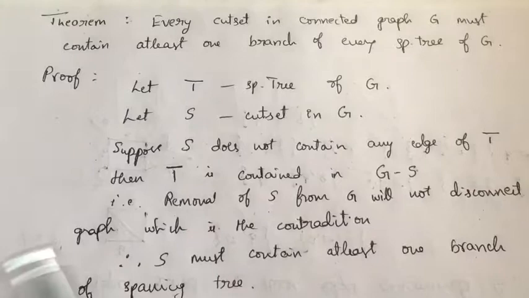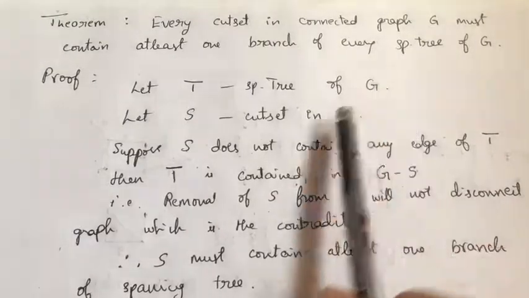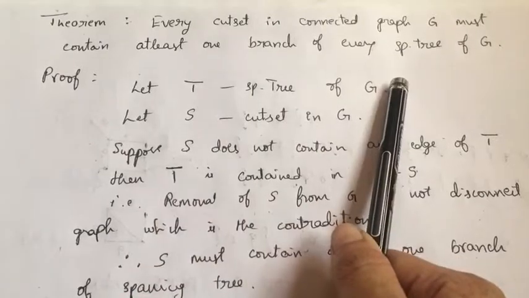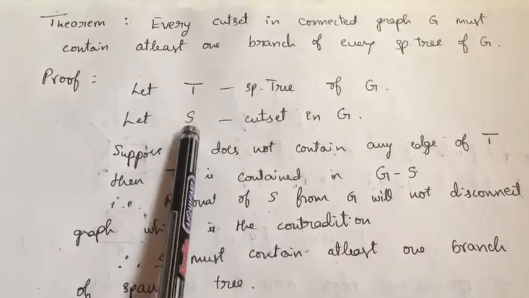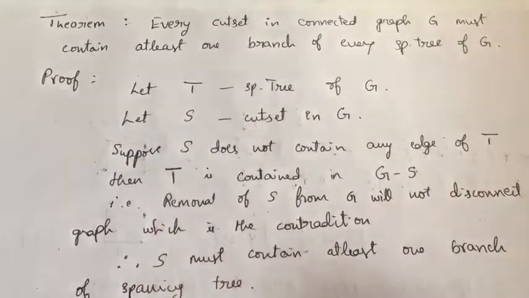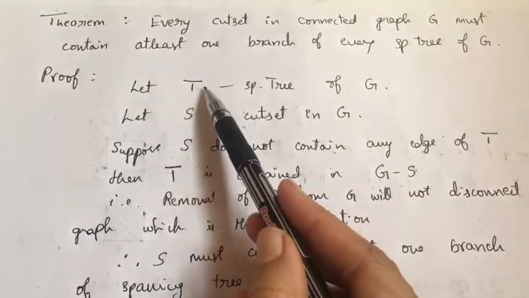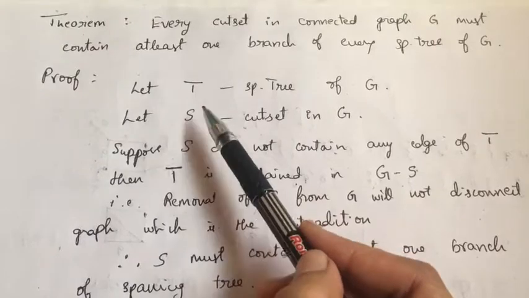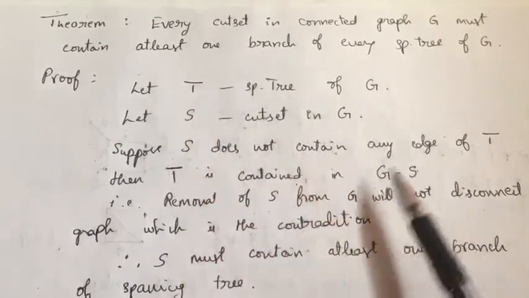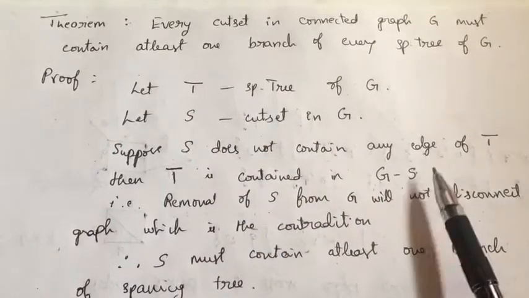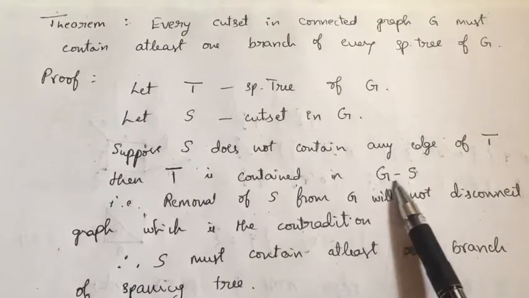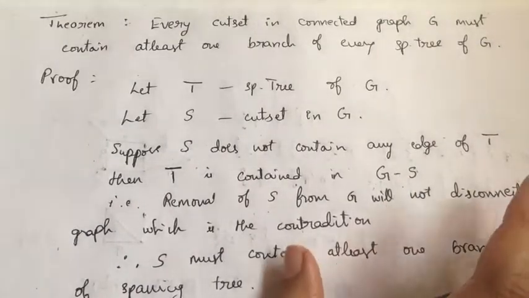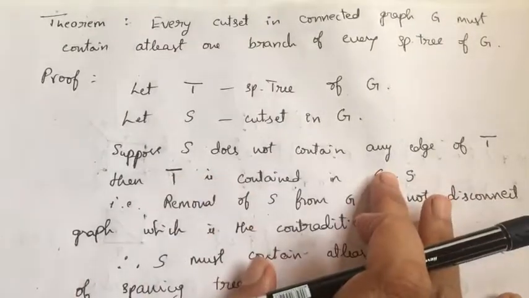I repeat, I am taking a connected graph G and a spanning tree T of graph G, and I am defining one such cut set, say S. If there is no common edge between S and T, then T must be in G minus S, meaning removal of S edges from G will not disconnect it.